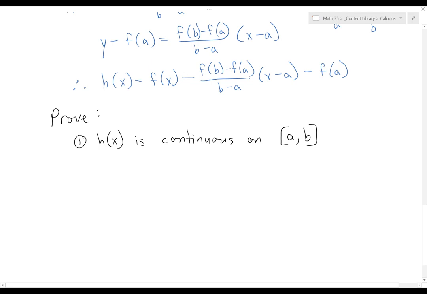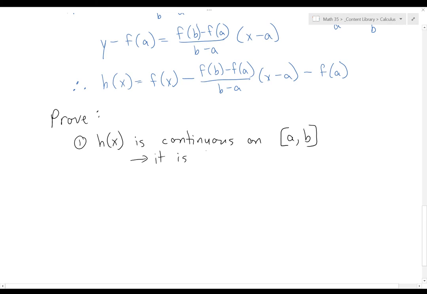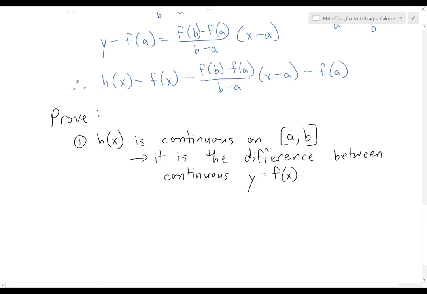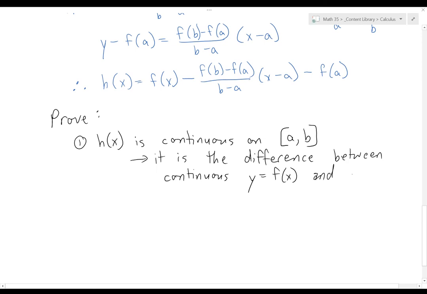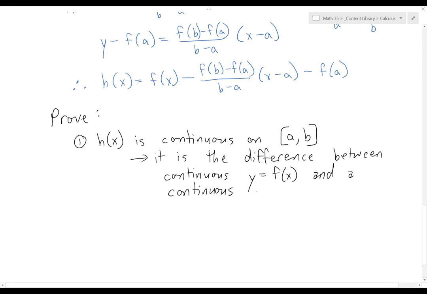So it is continuous on [a, b] because it is just the subtraction of two continuous functions, and subtraction doesn't create any discontinuities. It is the difference between the continuous function y equals f of x and a linear function, which is also continuous. So in other words, h of x satisfies the first criteria.